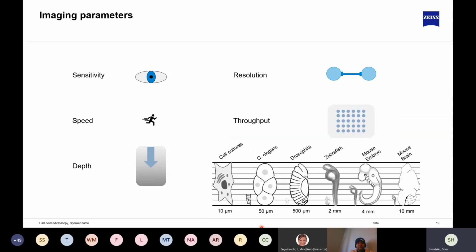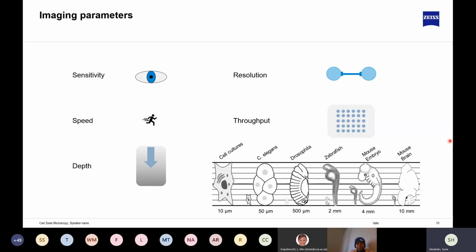Okay, and lastly, the sixth and last parameter you need to consider is the size of your sample. So, do you want to look at cultured cells, whole zebrafish organisms, or live mice, and look at a complete mouse brain? And here you can see that things have moved towards more systems biology.